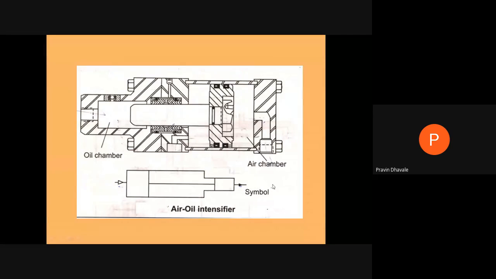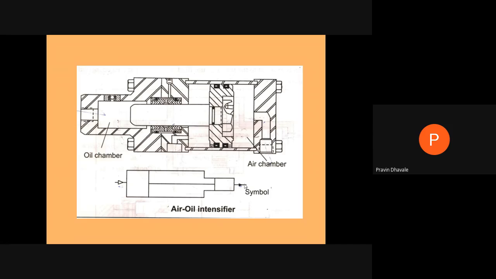the circuit. Means the air oil intensifier is like a double acting intensifier, but here on one side of the piston we are supplying the pressurized air or gas, and on the other side we are getting the high pressure oil from the outlet of that intensifier.